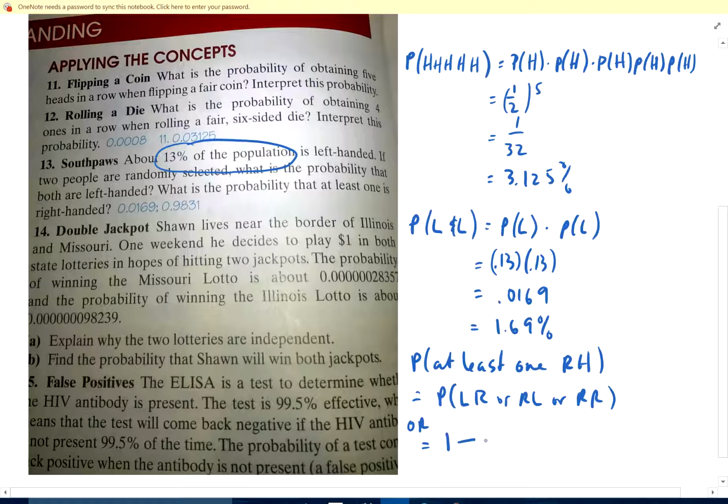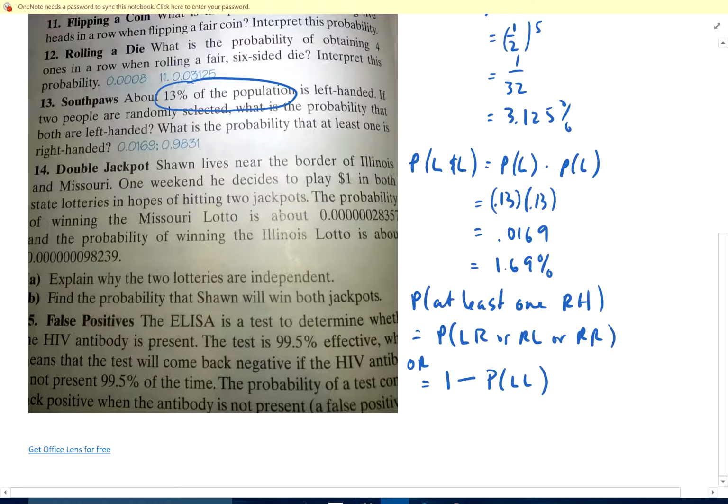At least one right-handed is 1 minus the probability that both are left-handed, because the complement of at least one right hand is 2 left-handers. So 1 minus 0.0169, which is 100% minus 1.69%, which is 98.31%. There we go.